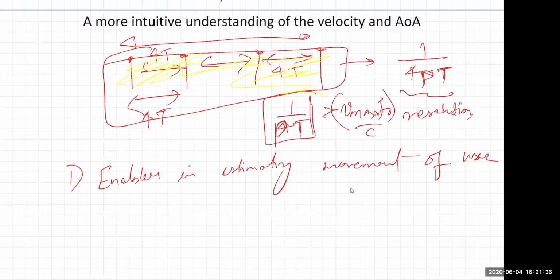So now that we understand all these processes, the problem is we need to understand who is changing faster and who's changing slower.